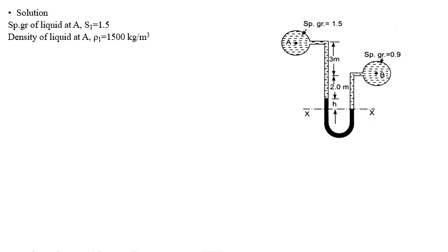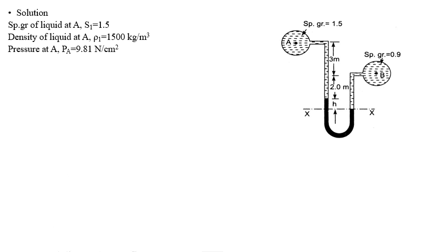Here water is taken as the standard liquid. The density of water is 1000 kg per meter cube. So the density of the given liquid at pipe A is 1.5 into 1000, that is 1500 kg per meter cube.